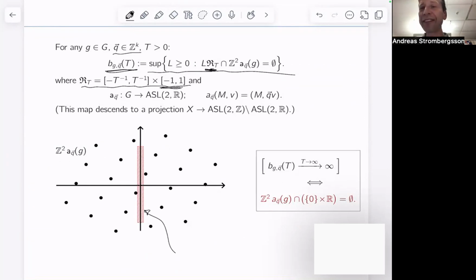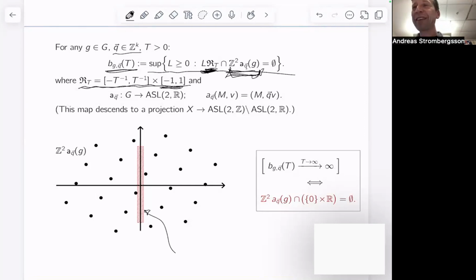This red rectangle might be this RT. And then we want to dilate or scale up this rectangle as much as we can, but we ask what's the largest possible scaling of this rectangle such that it avoids all points in this affine lattice or this grid here. And what is this grid?